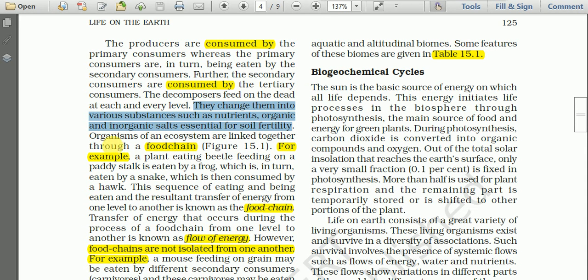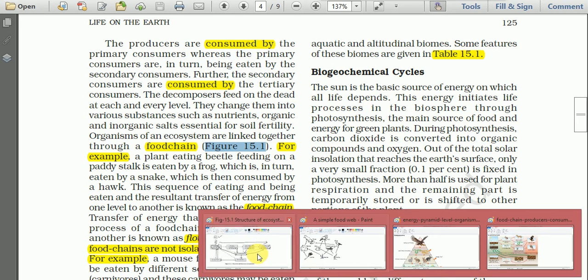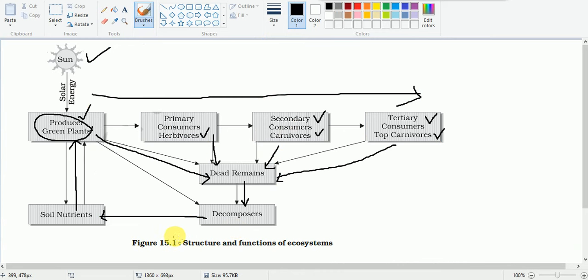So in this way, organisms of an ecosystem are linked together through a food chain. Just as we have discussed earlier, this is figure 15.1. From here, soil nutrients, then again it will be utilized.